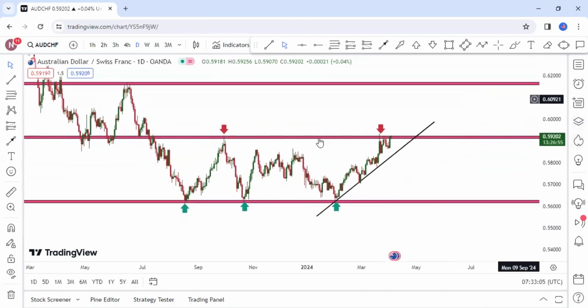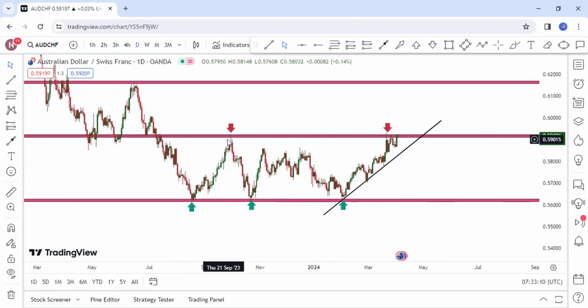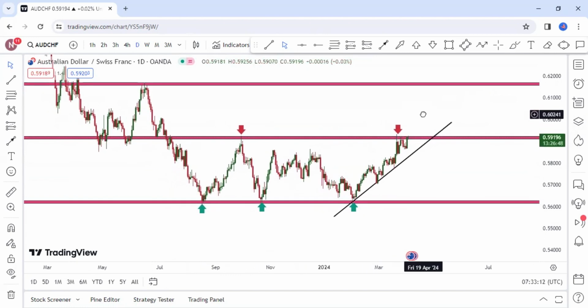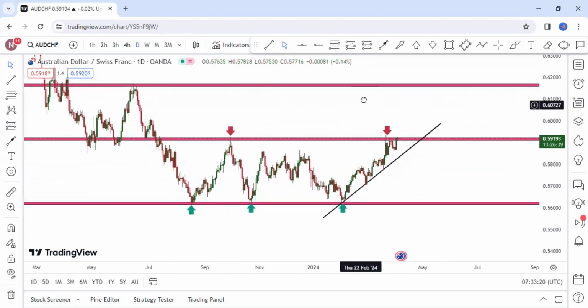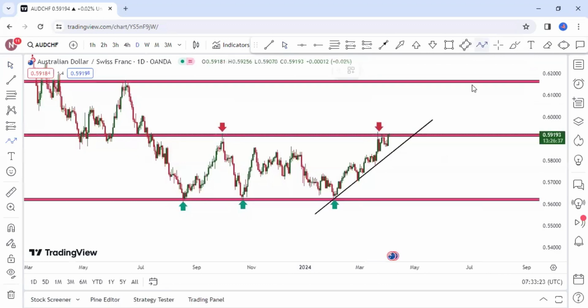as you can see, we have a triple bottom at the bottom, and we also have a double top at the top. So this is what I'm anticipating. First of all, I'm waiting for this market to break this counter trend line.